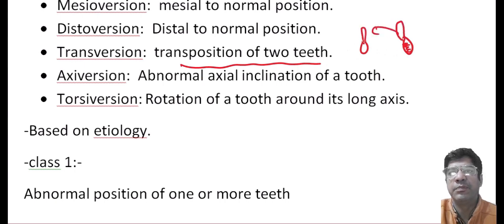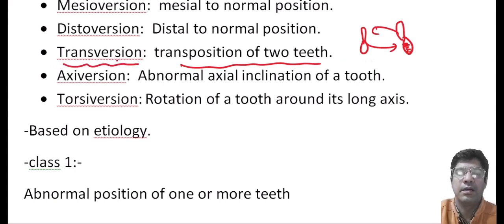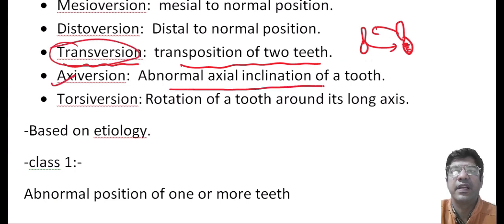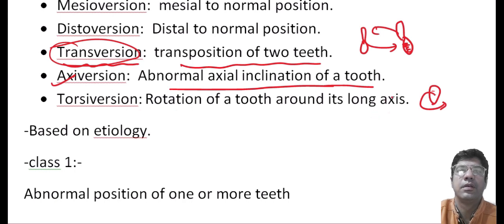An interchange in the position refers to transversion. Exversion is abnormal axis of inclination of a tooth, and torsiversion is rotation of the tooth around its long axis. So torsiversion is rotation, whereas exversion is axial inclination.